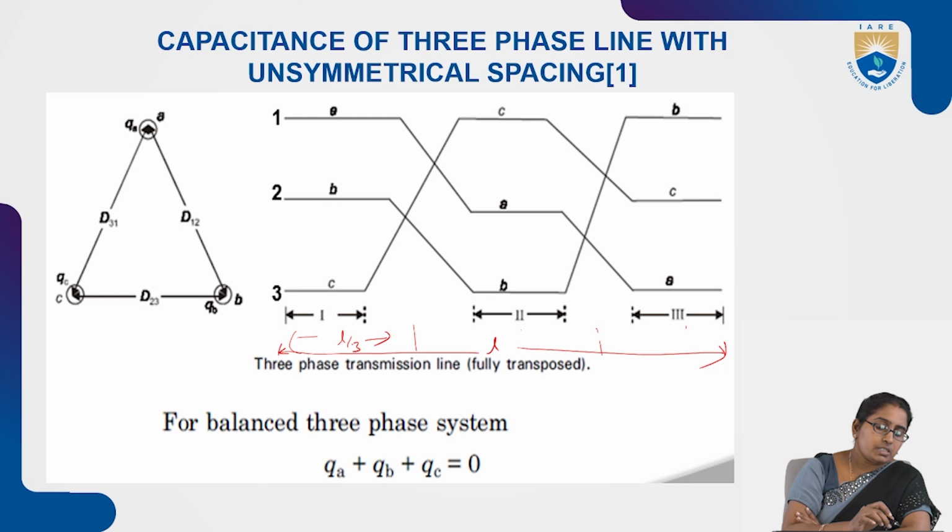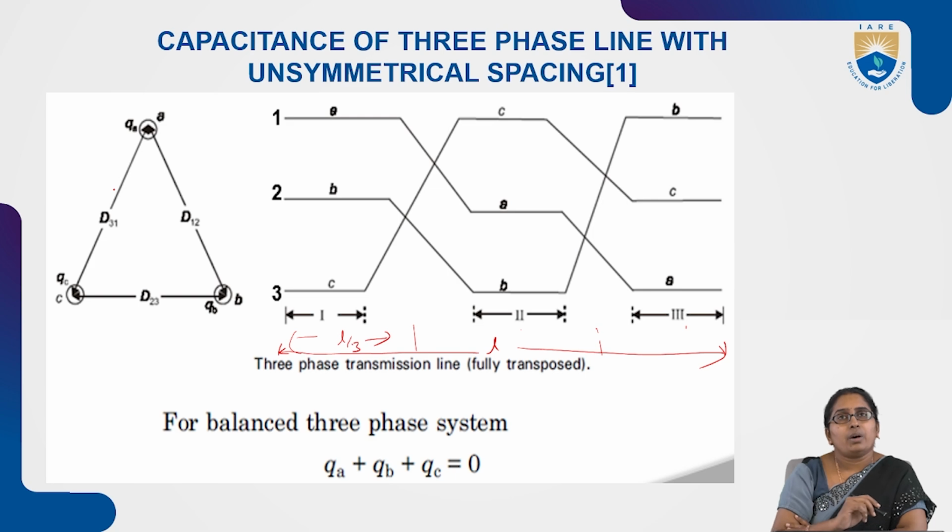So you can see this is an unsymmetrical spacing of the three conductors A, B, C, and the distances between them: between A, B it is given by capital D suffix 1 2, between the second and third conductor D2 3. Now first position, the conductors' position is like this: A, B, C on the top.